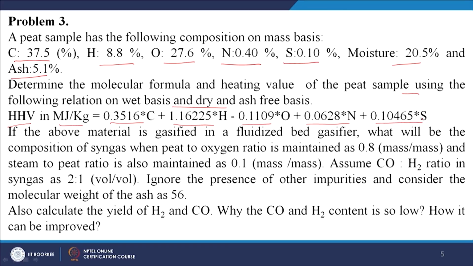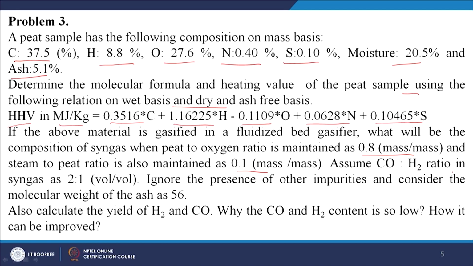If the above material is gasified in a fluidized bed gasifier, what will be the composition of syngas when peat to oxygen ratio is maintained at 0.8 mass by mass basis and steam to peat ratio is also maintained as 0.1 mass by mass basis?